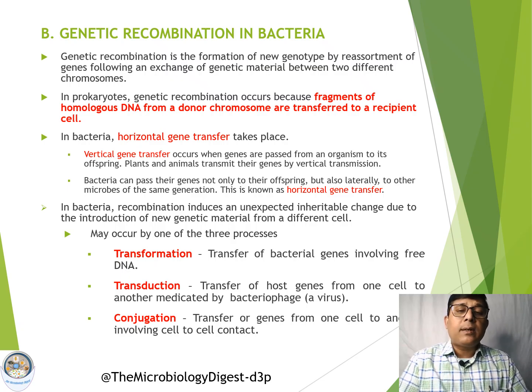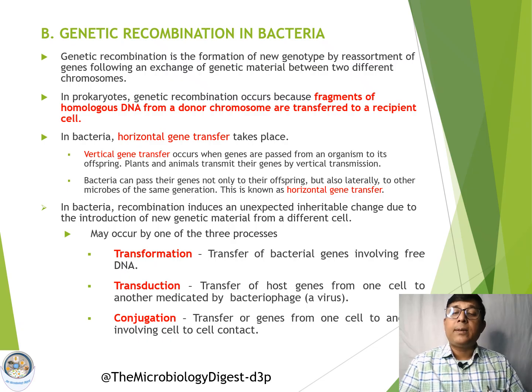Recombination in bacteria may occur through three major methods. The first method is transformation. Transformation is the transfer of bacterial genes involving free DNA. Here, naked DNA is transferred from the donor bacterium to a recipient bacterium. The second method is transduction.